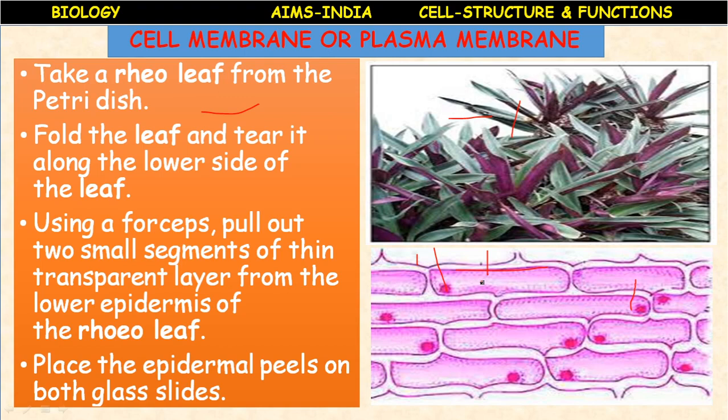So you can compare your observation. The outer boundary colored area is actually the cell membrane, which became separated from cell wall. This is the cell wall. So beneath the cell wall, cell membrane you can see.